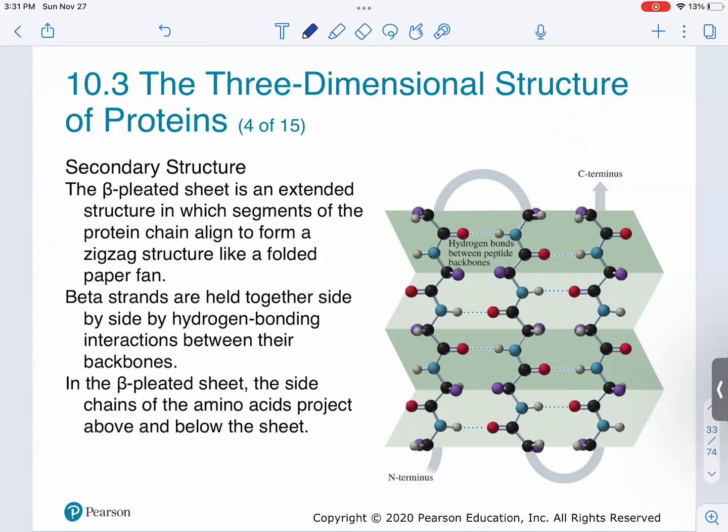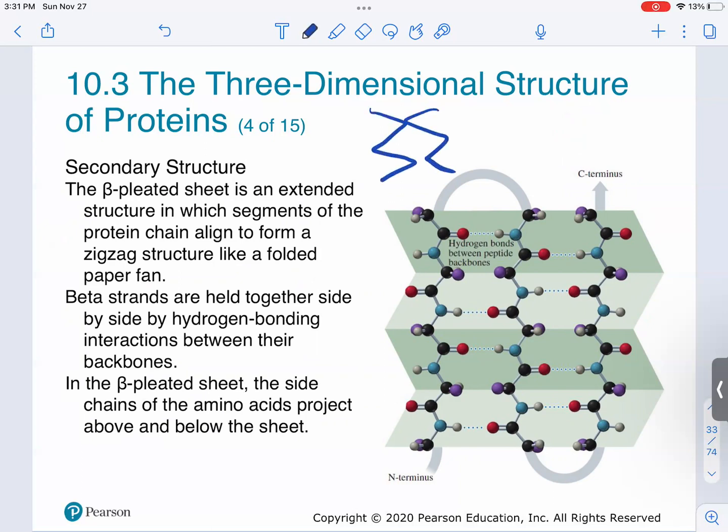Like a beta pleated sheet. So that's where, well, I may not be the best artist, but you're going to have an extensive structure where the segments of a protein line up and form a zigzag, like a paper fan.